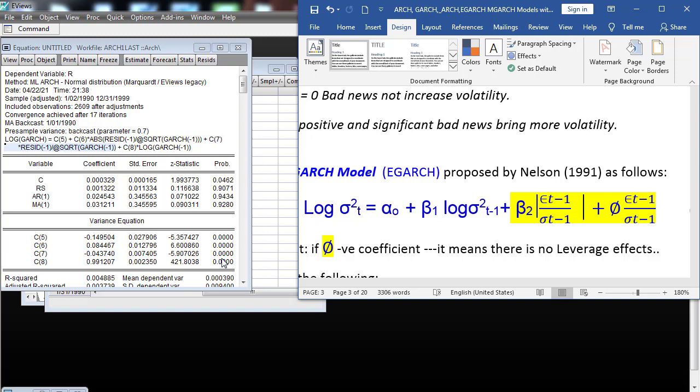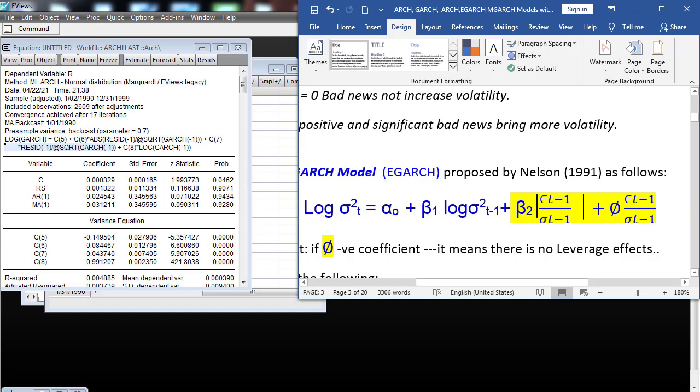So the inverse relation means if the error increases, good news, the volatility decreases. In other words, positive news will lead to a decrease in volatility.